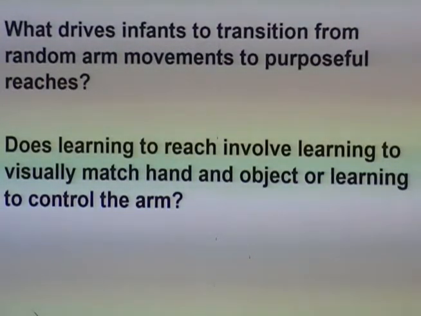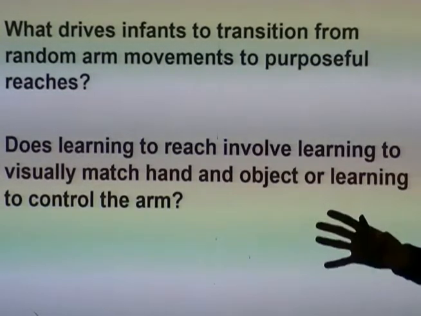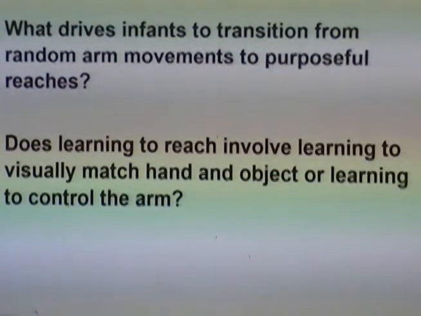But the more research they did with infants, the more they found that that didn't seem to be true, especially with the young infants. They didn't look at their hand initially when they were reaching. It's not until they've had some experience with reaching that they start to actually make sure their hand is going in the right direction.